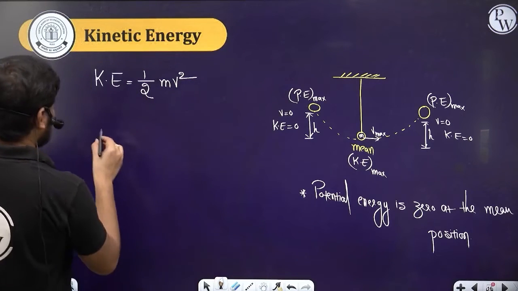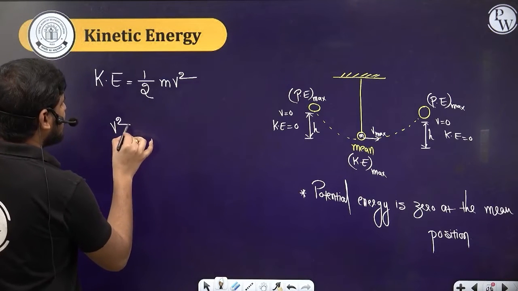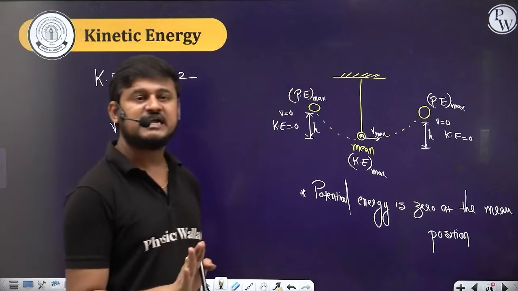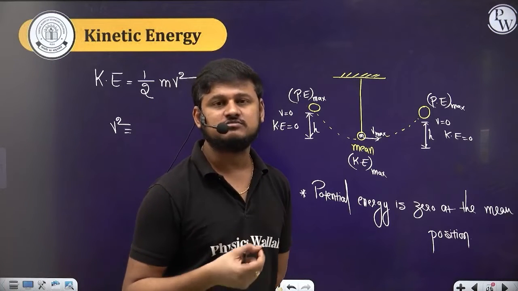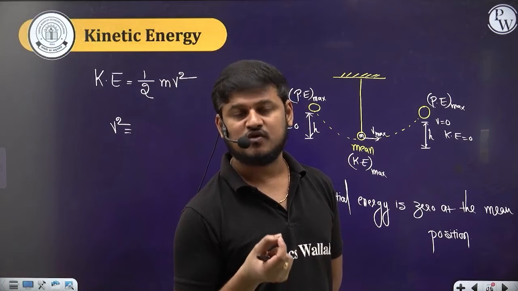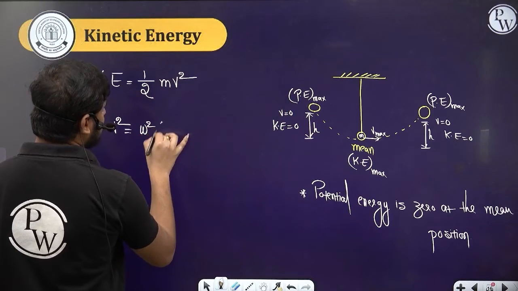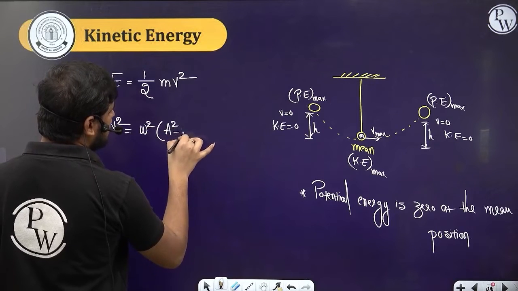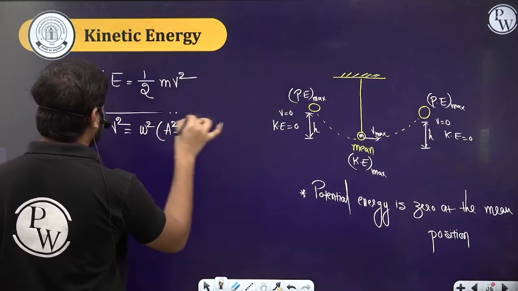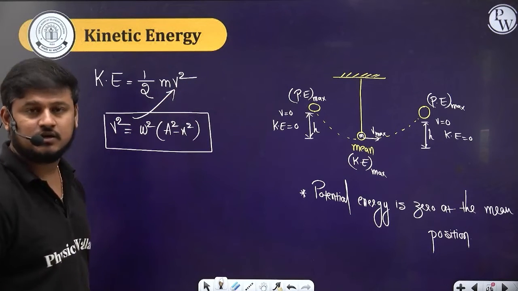We already know the equation for the velocity of the particle, which we discussed in the second class on the basic terms related to S.H.M. There, the velocity of the particle performing S.H.M is given by v square equals omega square into a square minus x square. Do you remember this formula? Now I am substituting this velocity formula here.